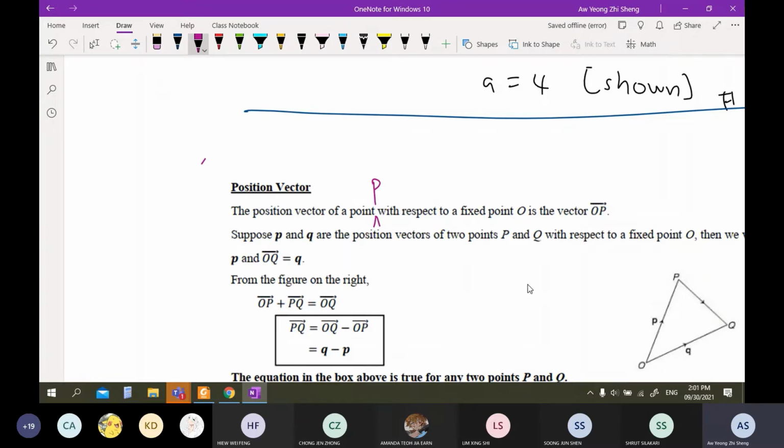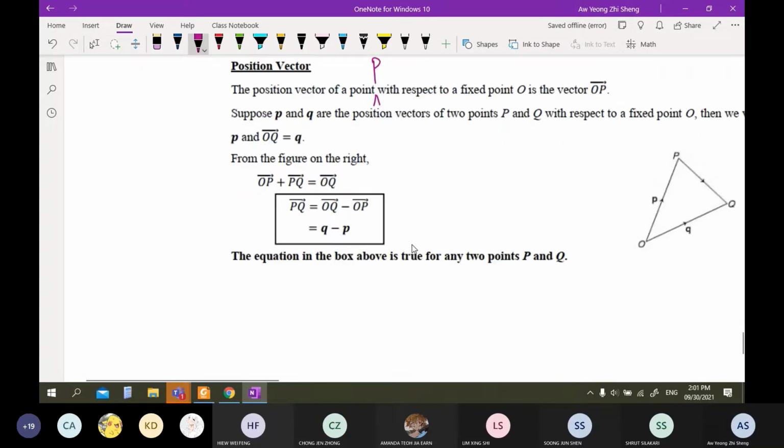O directed to P is known as position vector of P. And similarly, position vector of Q will be OQ. Okay. Then this box here is just the subtraction formula. PQ can be written as O to the end point minus O to the starting point. We have used this multiple times in chapter 9a.